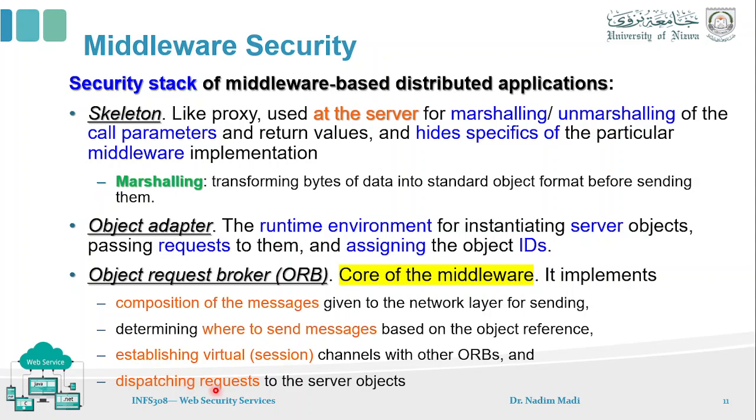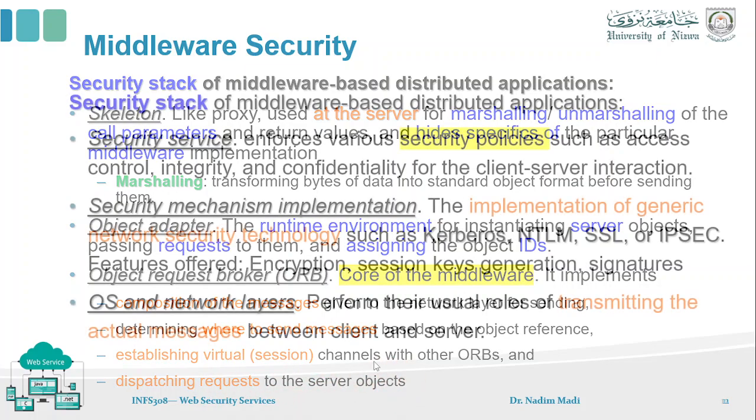Dispatching the requests to the server if it is delegated by the client. If this ORB is delegated by a client, of course, it should dispatch the requests to the server objects, linking those requests to the objects in the server.